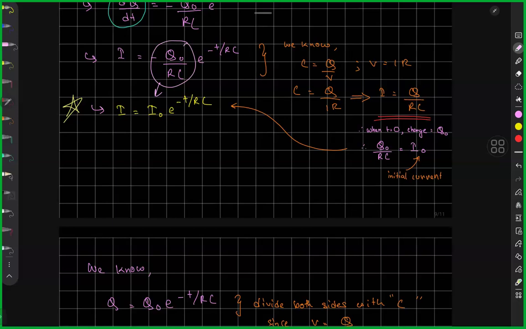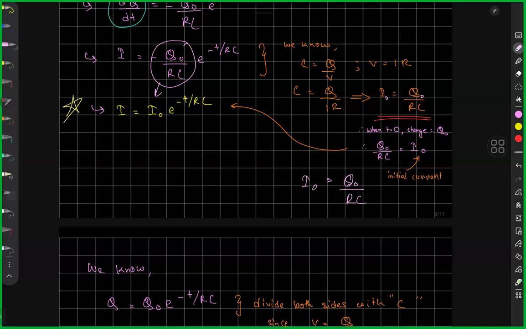Already looks very similar. And when time is 0, my charge is Q naught. So for initial current, what will I have? If I want to find initial current, I plug in initial charge, which is Q naught, divided by RC. So ultimately, I said I naught will be equal to Q naught by RC.